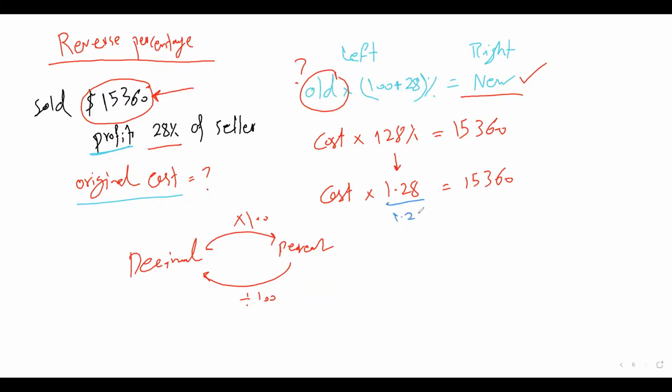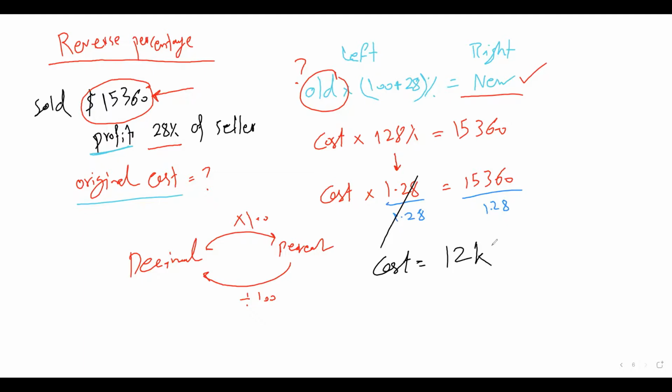So everything divided by 1.28, and the original cost, or the answer, is 15,360 divided by 1.28, and that is 12K, or 12,000.